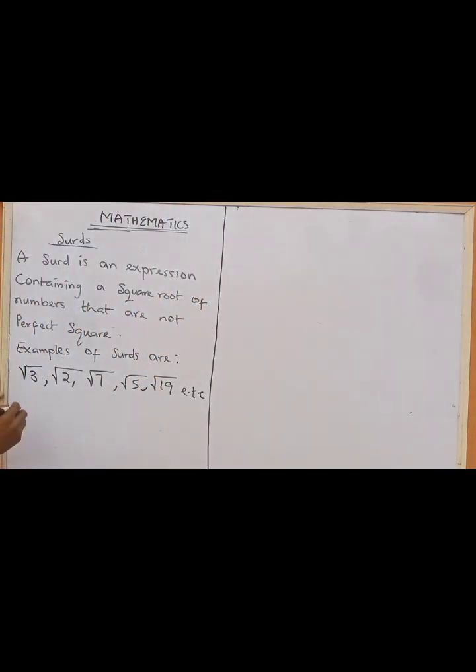So let's look at these rules of surds. Don't forget, when we have root of a times b, root of a times b can be written as root a times root b.